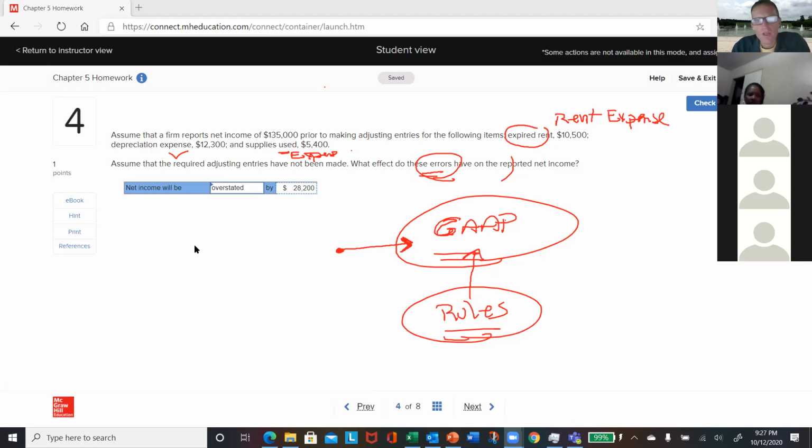We're going to do all sorts of different types of adjustments, revenue and expense adjustments. In Chapter 5, we're just doing what they call the prepaid expense adjustments, so just get the basics down now. Once we get to Chapter 12, we're going to hit this again and do just about all of the different categories.